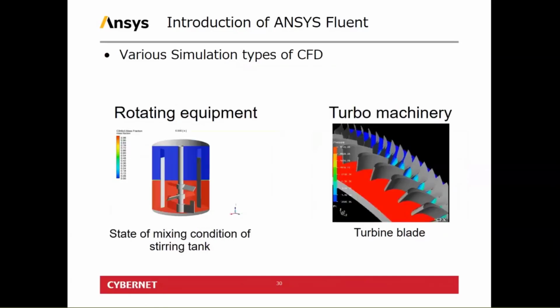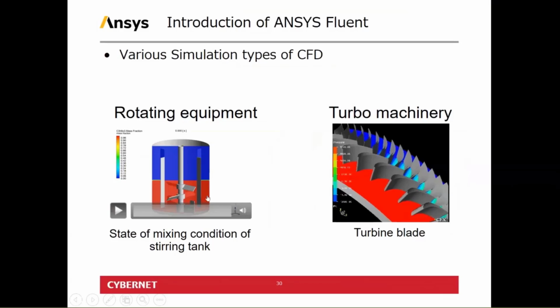Okay. And Ansys Fluent also has the function of the moving mesh. For example, this is an example of the stirring tank. The red and blue regions show the different types of liquid. And there are blades and baffles.